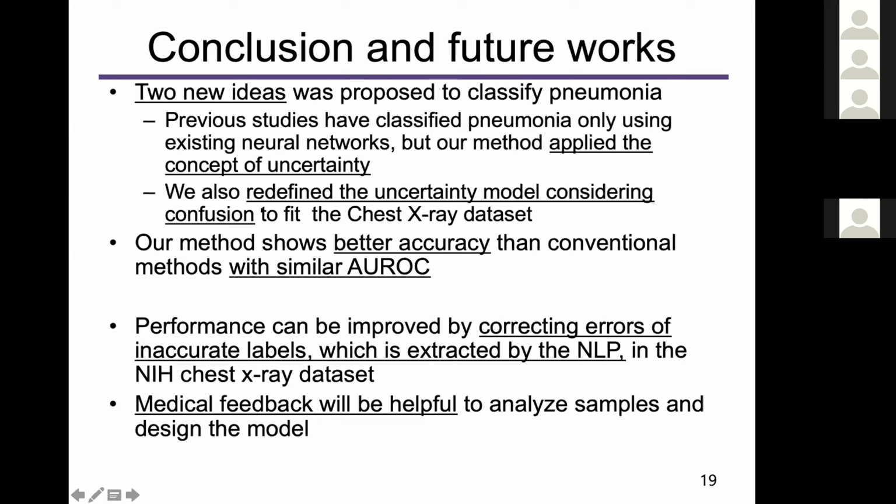We also redefined the uncertainty to consider confusion. Confusion means the model has no idea if the sample belongs to class 1 or class 2, and we redefined it to fit the chest X-ray data. As a result, our model has better accuracy than other baselines or the previous evidential model, with a similar AURC value.